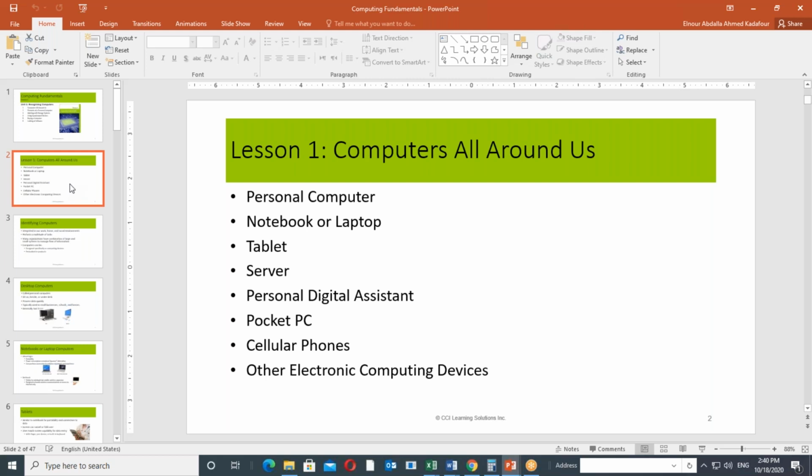We have a tablet. This is most probably used by kids, but again, it is under the umbrella of computers. Server, this is a special computer called a server, till we come to that. Personal digital assistant. This is a type of electronic diary. You record all your events within this personal digital assistant.